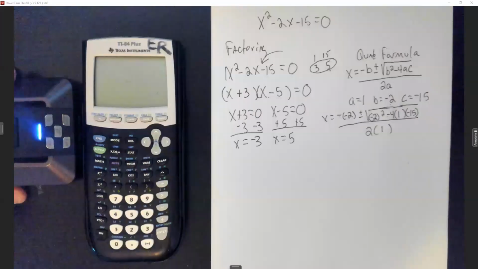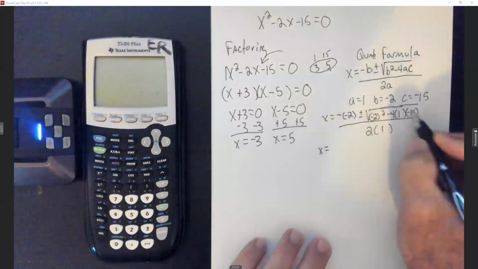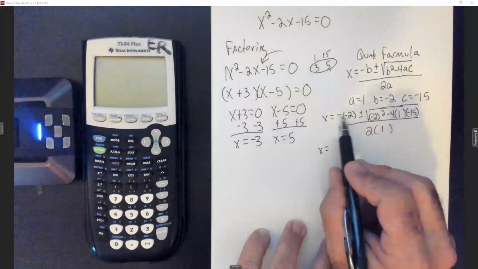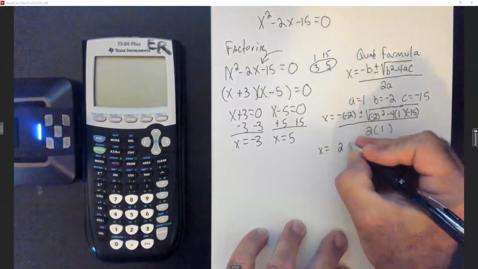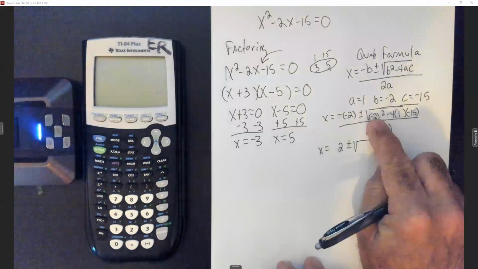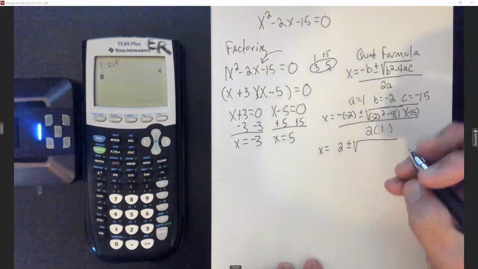All right, so if you'll notice, most of your work is going to be under that radical for a while. So we can make that double negative, make that a +2, plus or minus. So under the square root, -2 squared. So remember, put negative numbers in parentheses for sure. When you square that, you're going to get a +4.